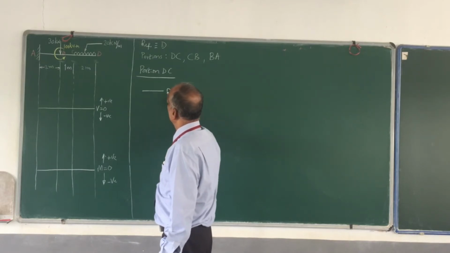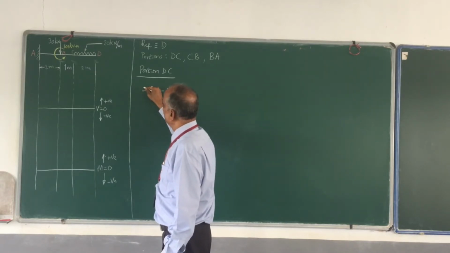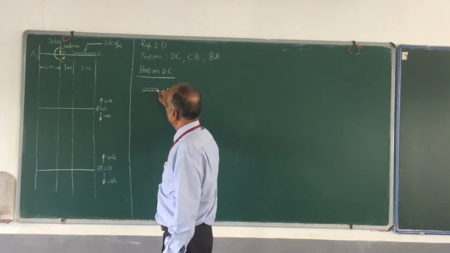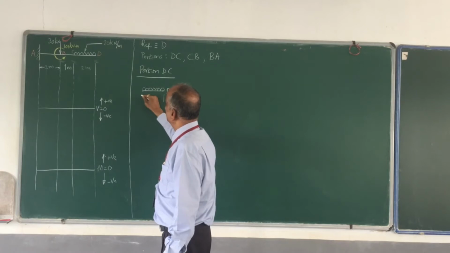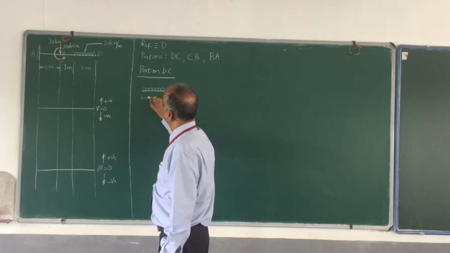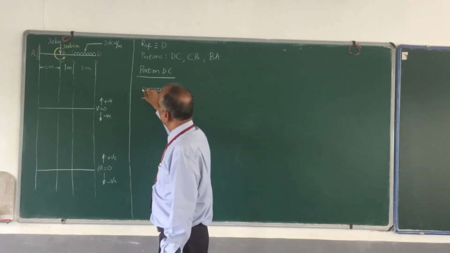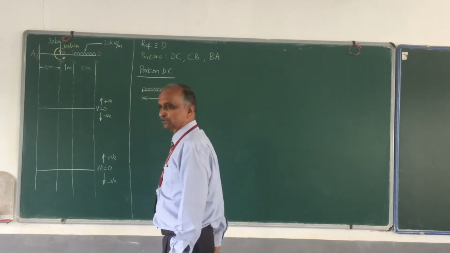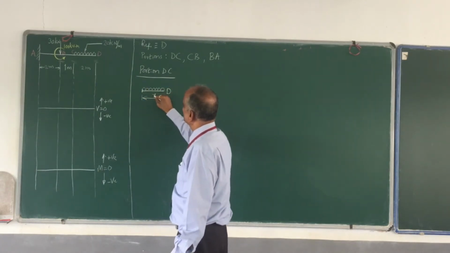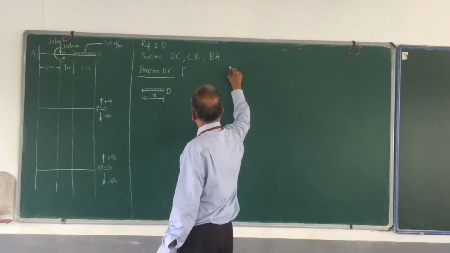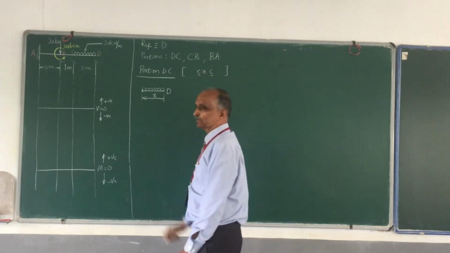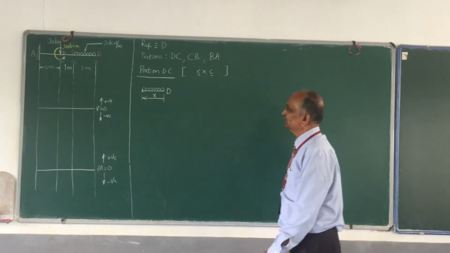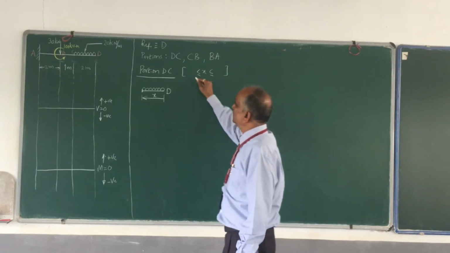This is my D, the free end, and this is where I have the uniformly distributed load, and this distance is X, and this is where the section is. Immediately I shall write down the range of X. For this portion I am analyzing, what is the smallest value?